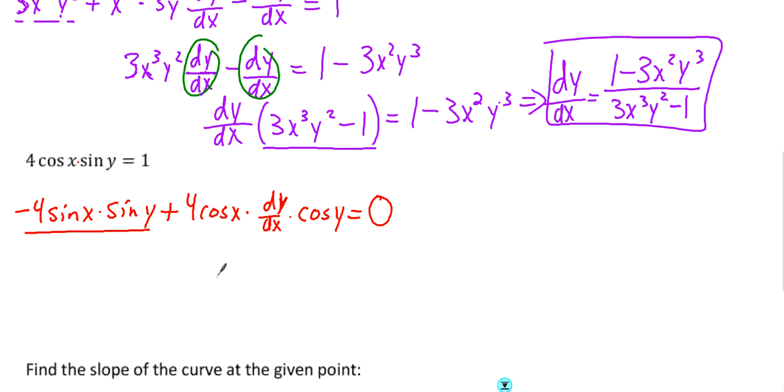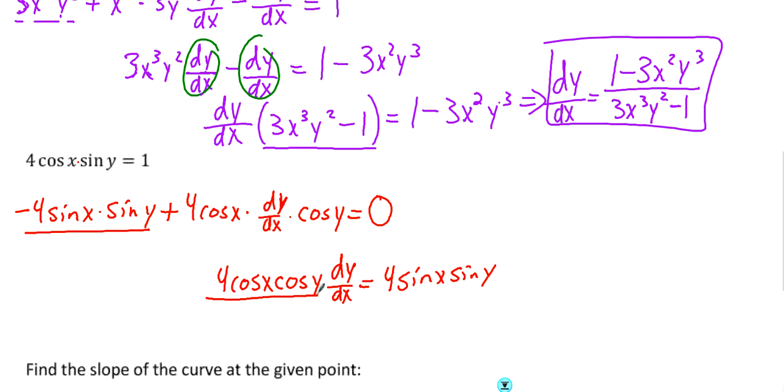So we get 4 cosine x cosine y dy over dx equals 4 sine x sine y, and then we divide both sides by this, and we get dy over dx equals 4 sine x sine y over 4 cosine x cosine y.